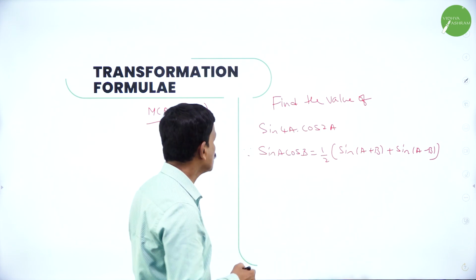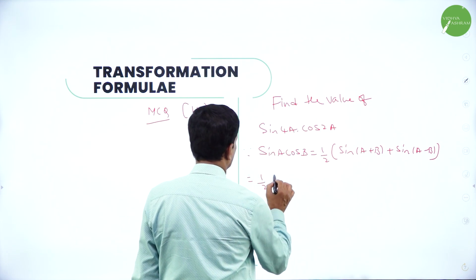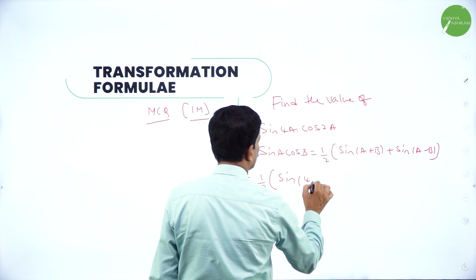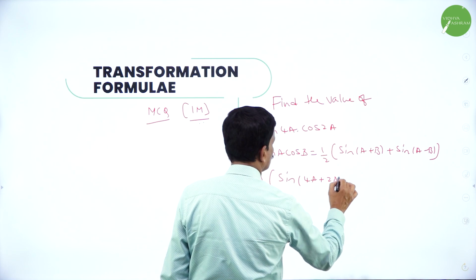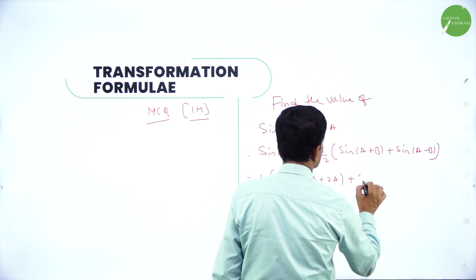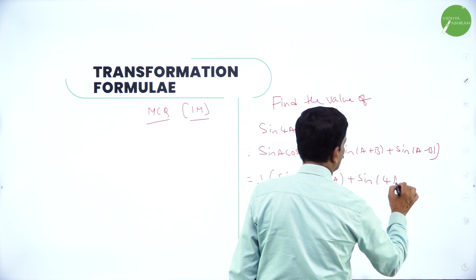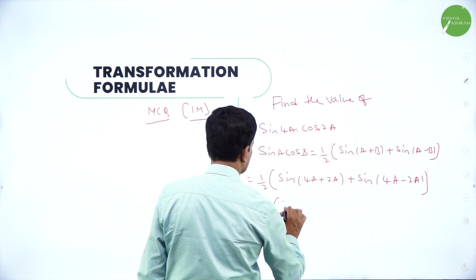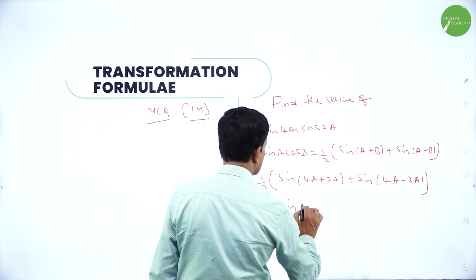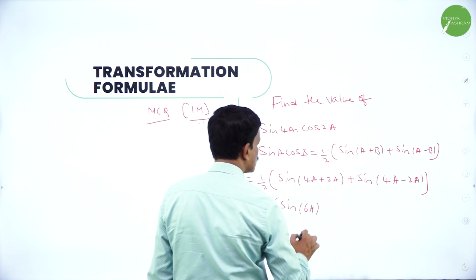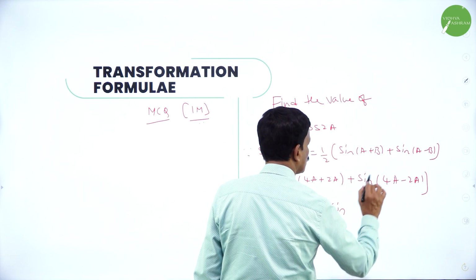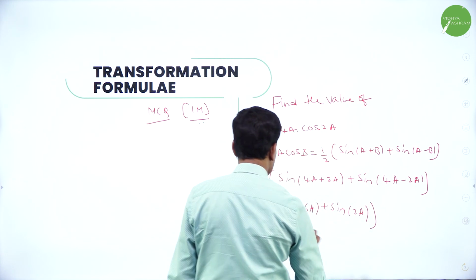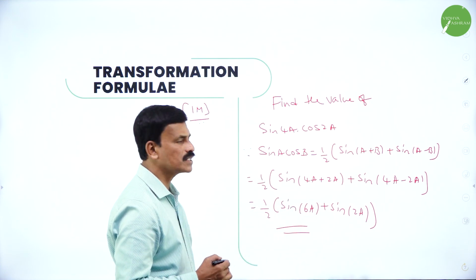Now listen. So here this is equal to half into sin of a plus b, where a is equal to 4a and b is equal to 2a, so 4a plus 2a, plus sin a minus b, 4a minus 2a. So this is equal to half of sin 6a plus sin of 4a minus 2a, which is 2a. So the required answer is half of sin 6a plus sin 2a.